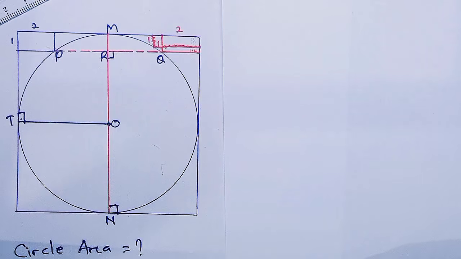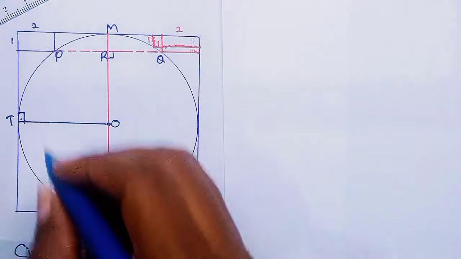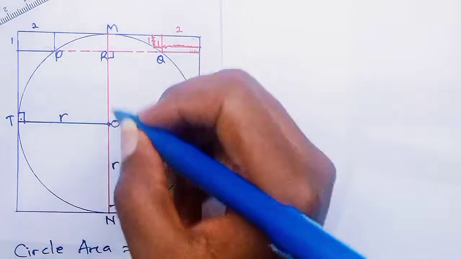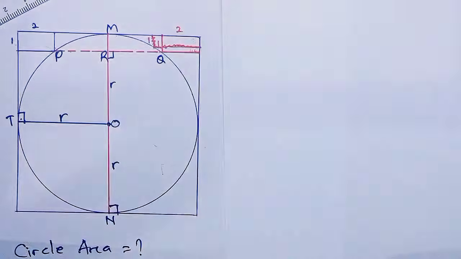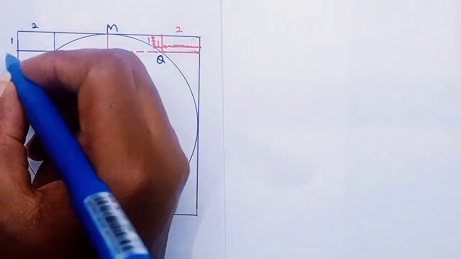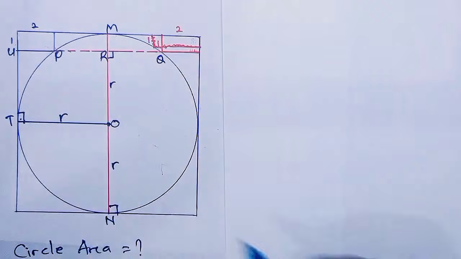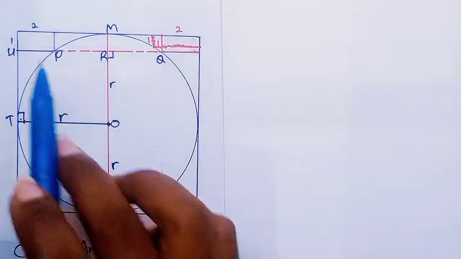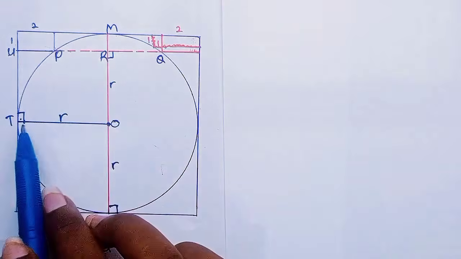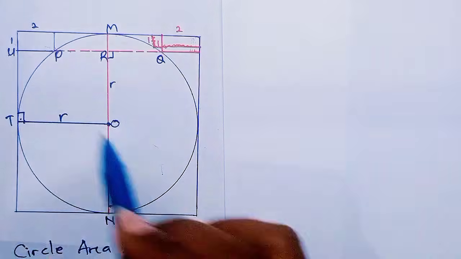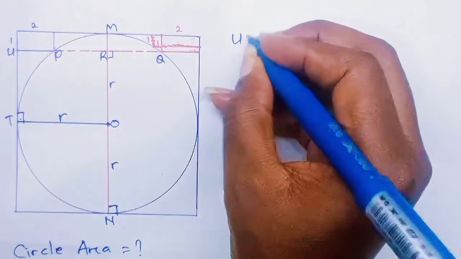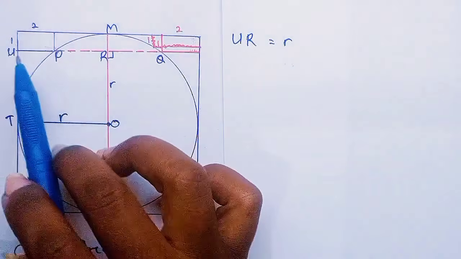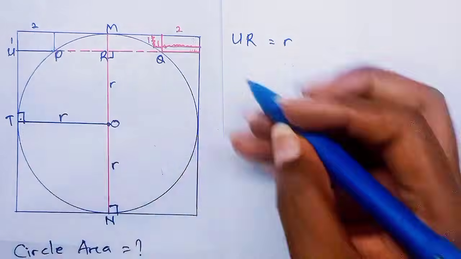Now let us let the radius of the circle be R. So if it's R, this will be R, also ON will be R, also OM will be R. Let me call this point U. So also, since this is T, O, which is R, and this line is parallel to this line, that implies that UR is also equal to the radius. But remember, UP is 2.